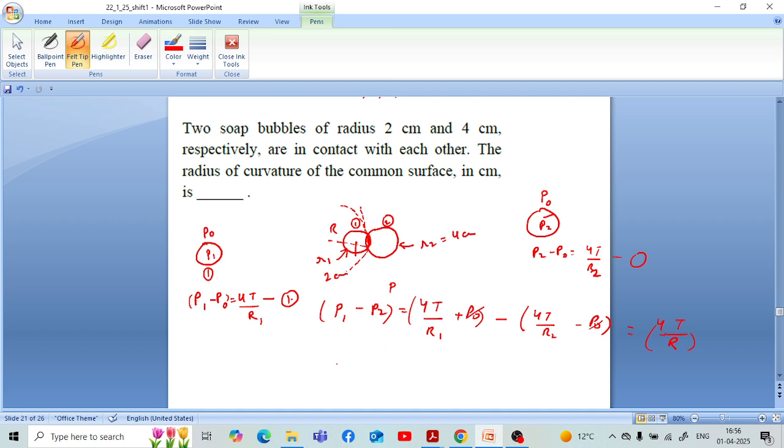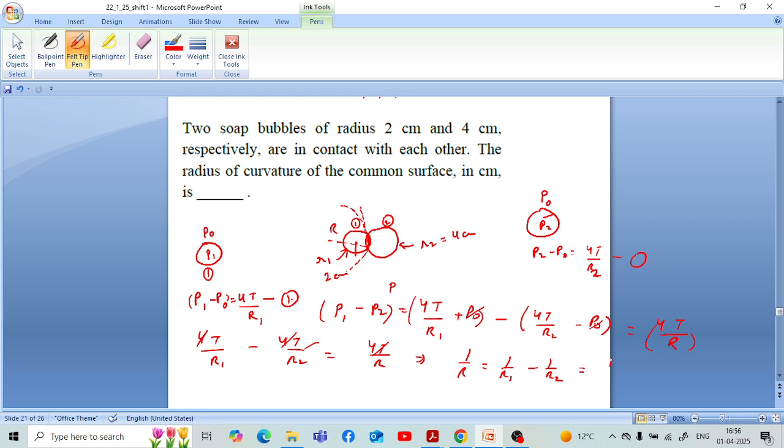Now solving it further, we can write this equation as 4T upon R1 minus 4T upon R2 is equal to 4T upon R. After taking 4T common, it cancels from both sides, and we get the result as 1 upon R is equal to 1 upon R1 minus 1 upon R2.